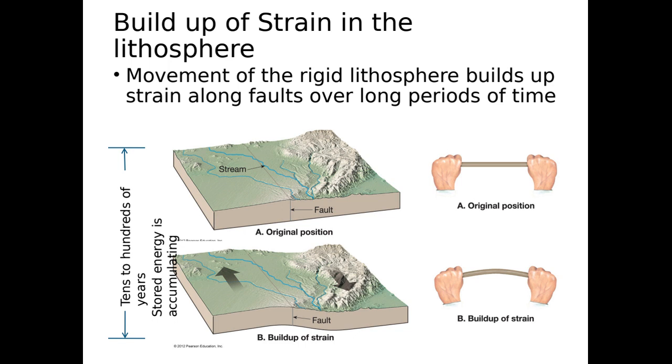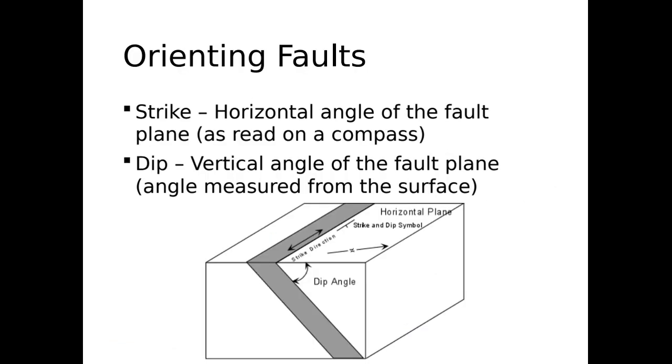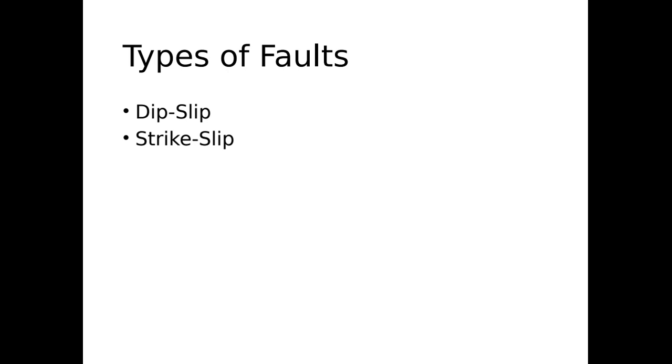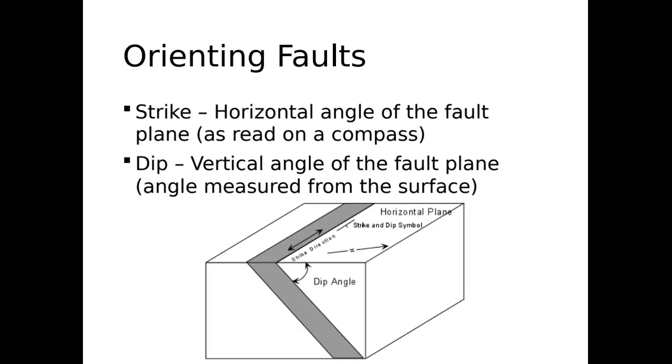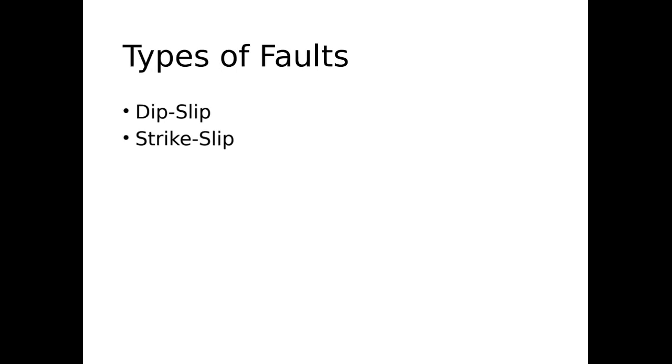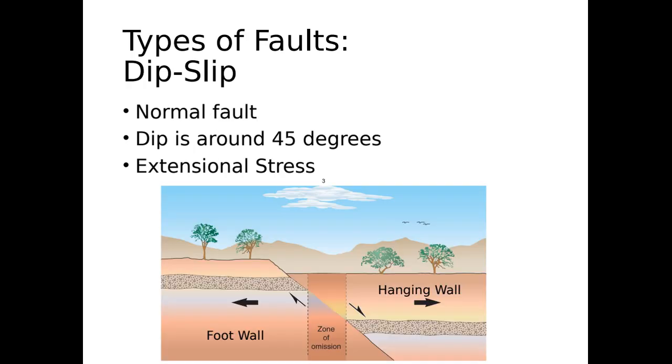And we talked about the strike and dip of a fault. The dip is the angle at which it dips into the earth, and you can have movement along the dip or along the strike. The strike is the line where the fault intersects the surface of the earth.